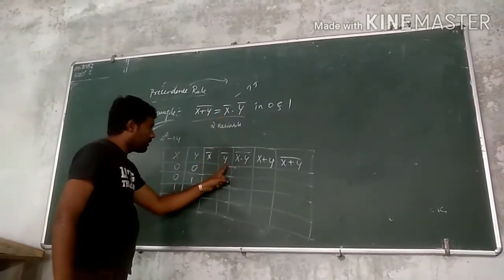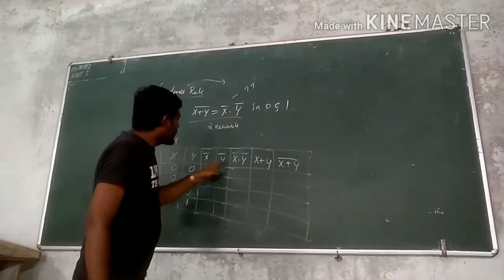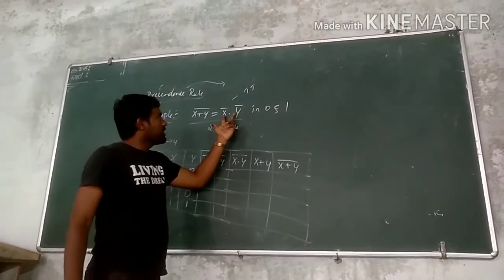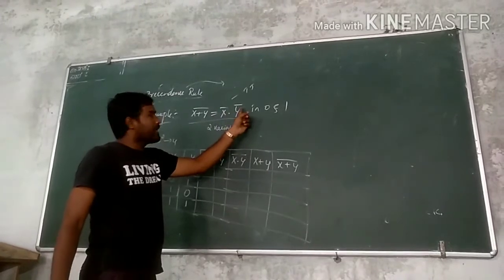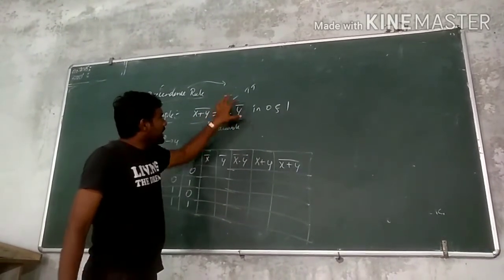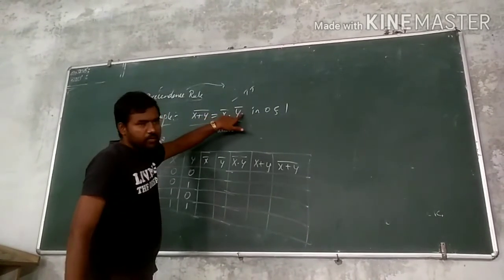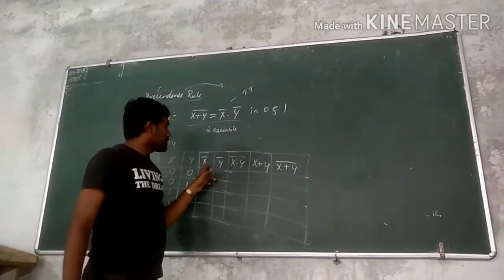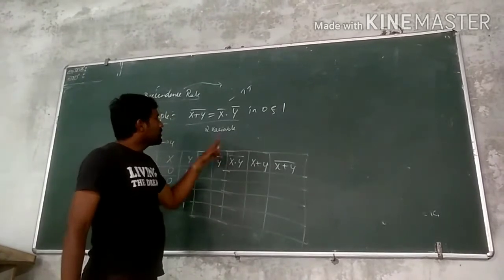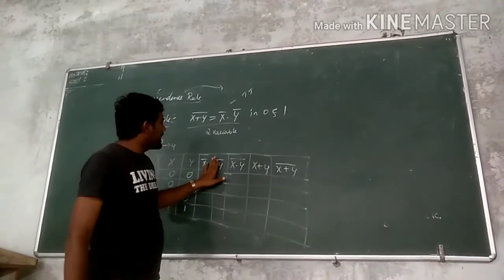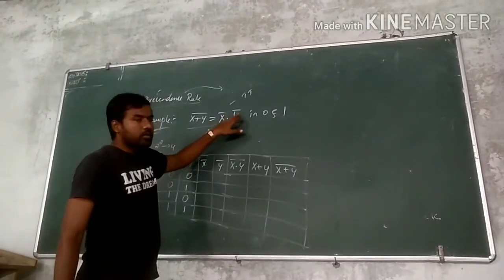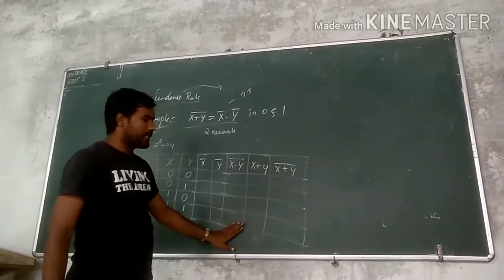So we are taking x complement and y complement. Here we have the equation x complement into y complement. If you want to calculate this equation, we need to know the values of x complement as well as y complement. So after getting this, we can calculate x complement dot y complement, which should be evaluated here.